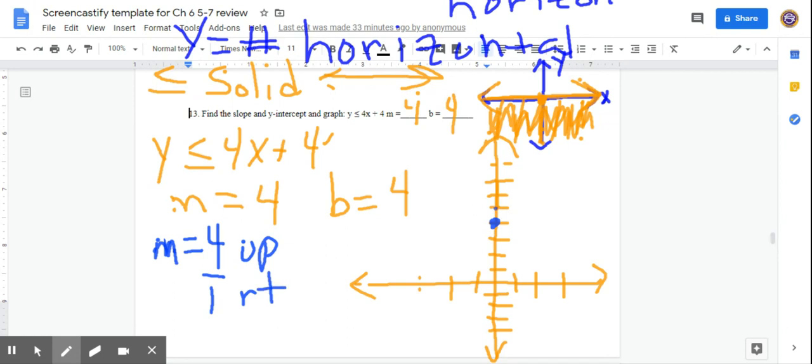So 1, 2, 3, 4 over 1. We could also go down 1, 2, 3, 4 and left 1. Now we have to decide what kind of line. It's a less than or equal to. It's equal to, so it's a solid line. So I'm going to draw my line.